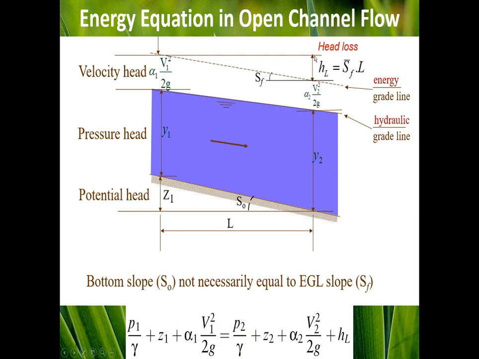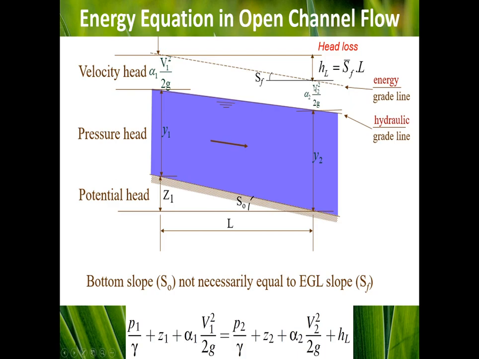And if we consider head loss, which we will consider in this case, the sum of all the terms will give you the total energy line. You remember this is total energy line, but when we subtract the head losses from total energy line, we will have energy grade line between the input and output section of our control volume.